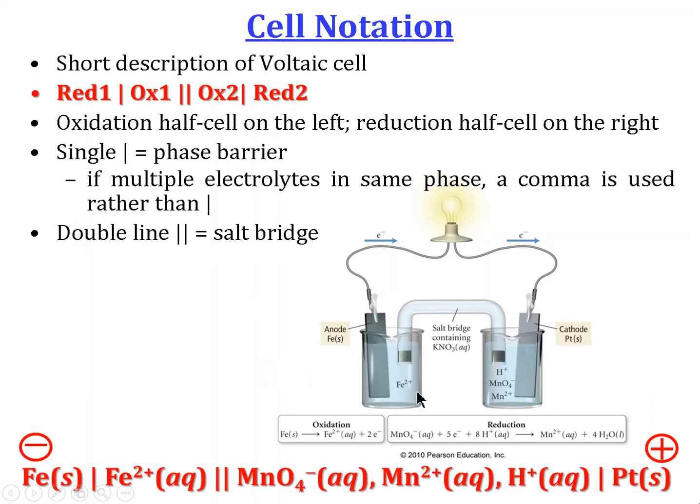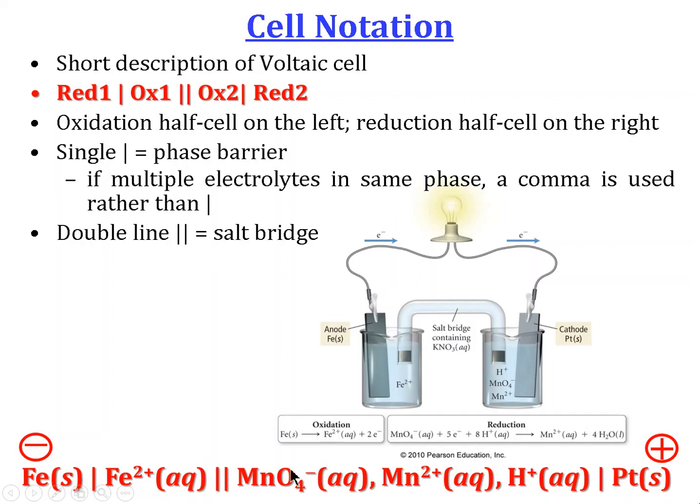In this example, the couple on the left is Fe2+/Fe, and that on the right is MnO4-/Mn2+. We have to use the sequence. We start with the red 1, which is Fe, then the ox 1, which is Fe2+, salt bridge.